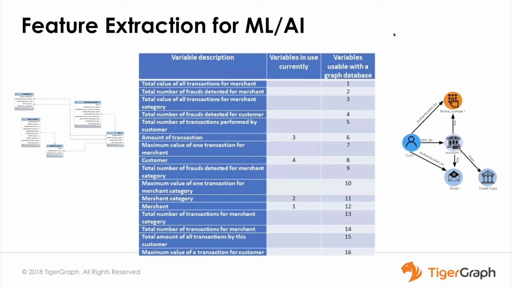So this goes into a little bit more detail about what I was talking about before, using Graph as an addition to machine learning in order to generate different features that you can extract to feed into a machine learning model. On the left here is your traditional relational database and the features that you could typically see from within your table by doing some basic joins. And on the right is all of the features that you can extract now that you have everything loaded into Graph, and you have the addition of those edges and connections between your vertices instead of just your data.